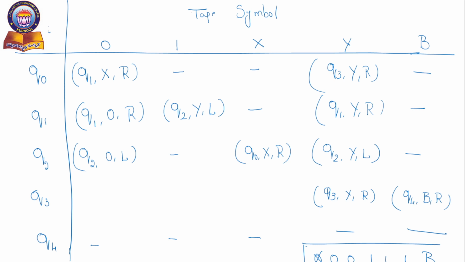If the machine finds the 1, it changes that 1 to Y and enters the state Q2. Now in the Q2 we will search left for an X. We will scan over all the Y's and zeros and will come to the X and enter into the state Q0 upon finding it, and we will move one cell towards the right to read the next 0.